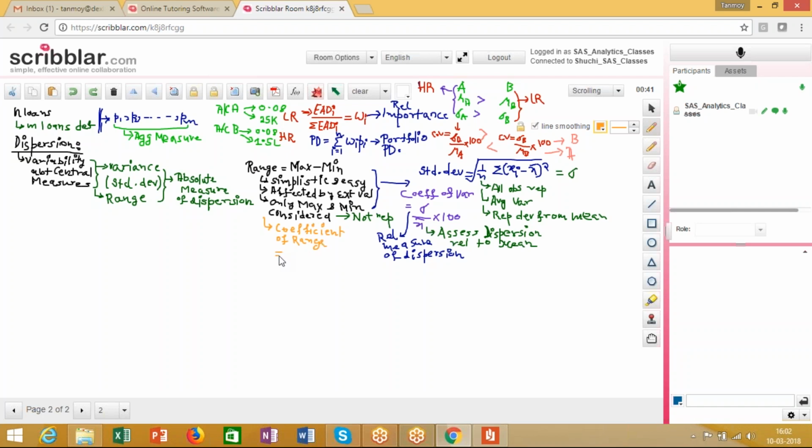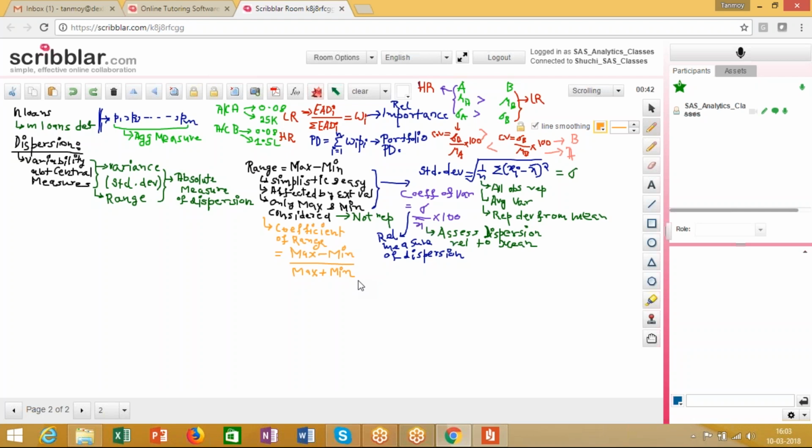What it does is it is defined as max minus min divided by max plus min. Right.